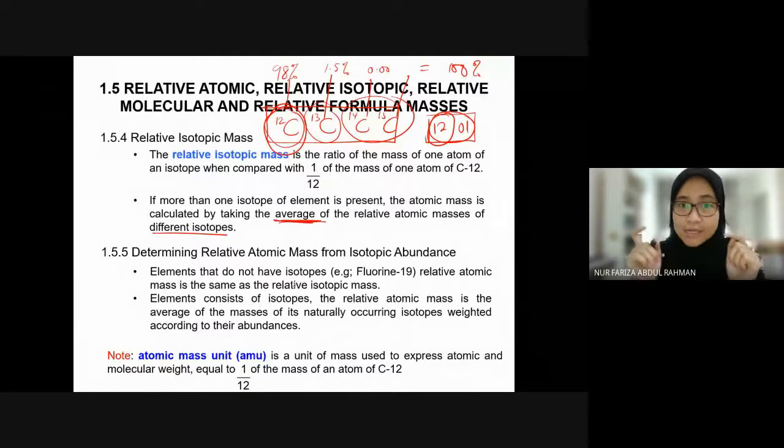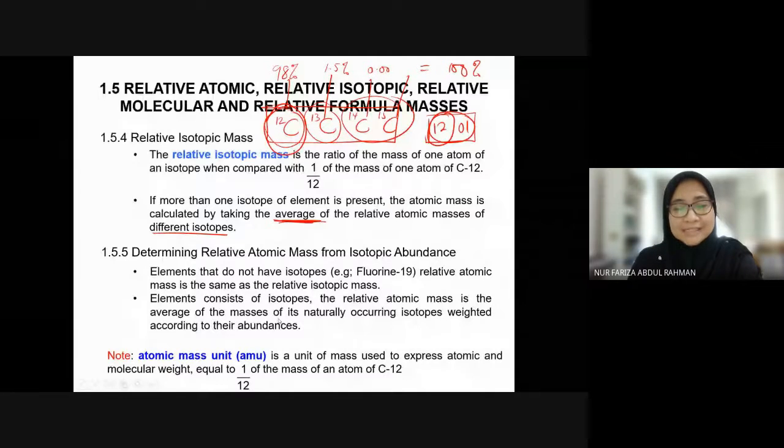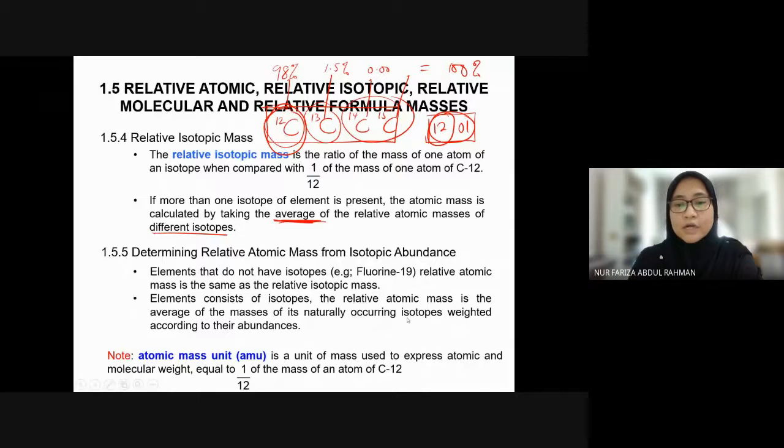So it is not called average. But those who have isotopes, like carbon, an element consists of isotopes. The relative atomic mass is the average of the masses of its naturally occurring isotopes, weighted according to their abundances.